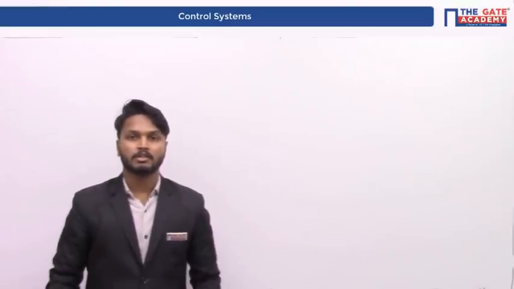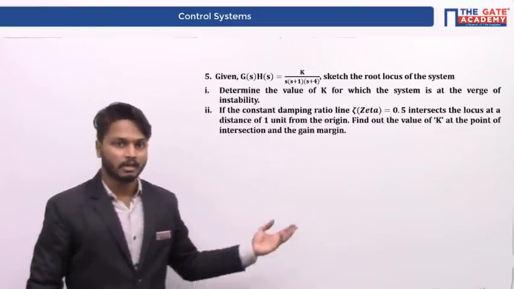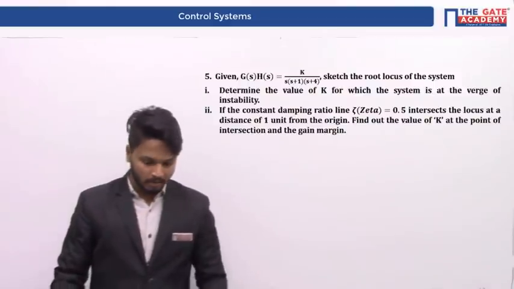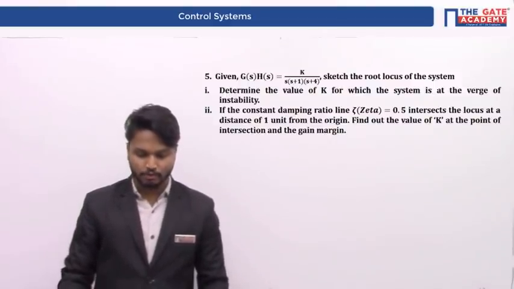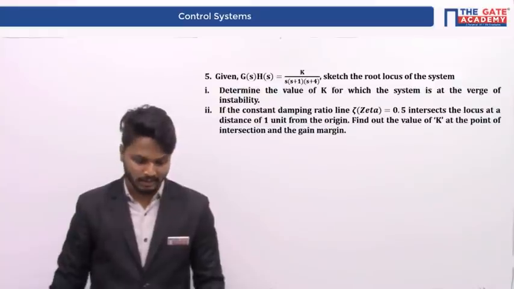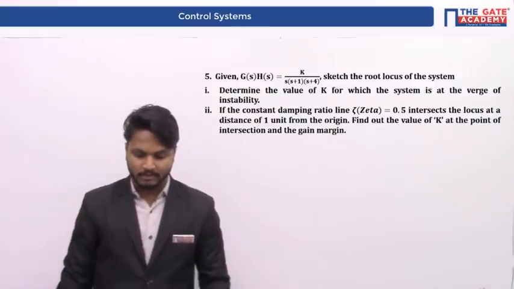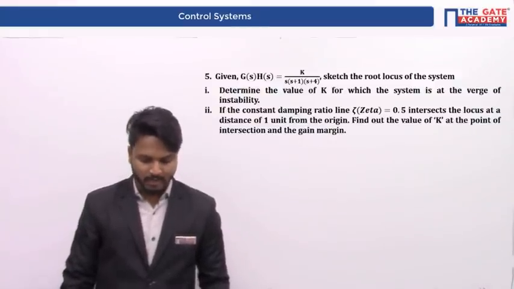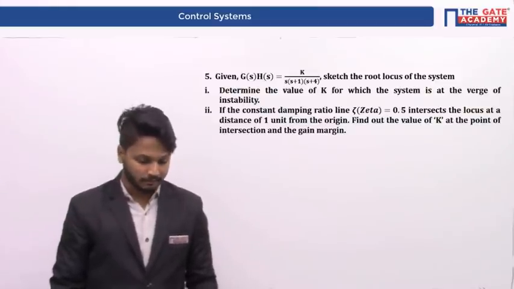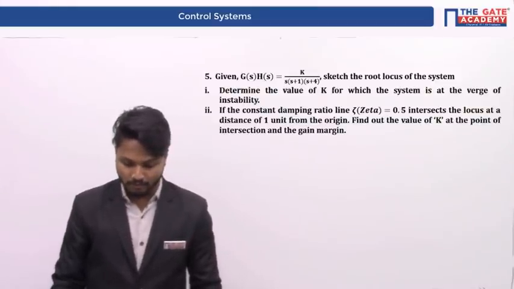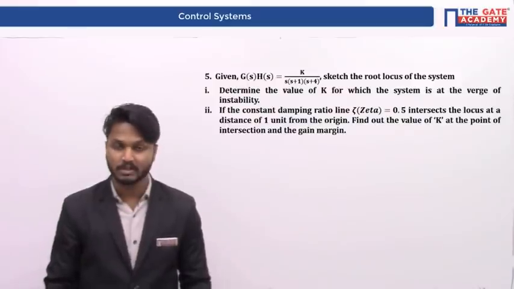The next question, question number 5, is like this: G of s, H of s is equal to K by s into s plus 1 into s plus 4. Sketch the root locus of the system. Under that, the first question is to determine the value of K for which the system is at the verge of instability.